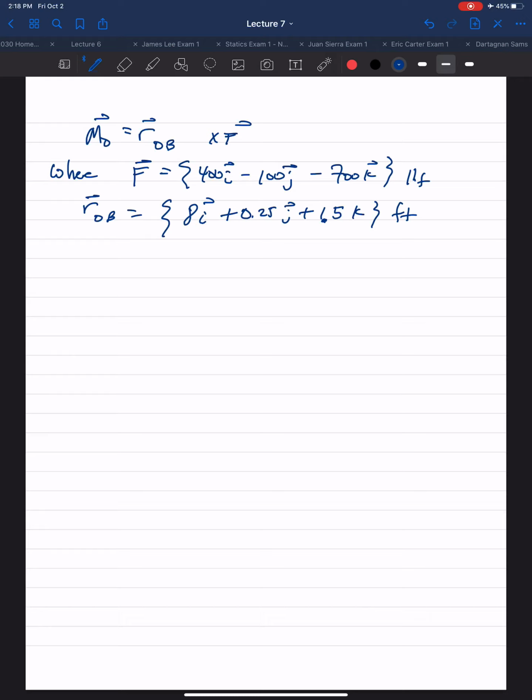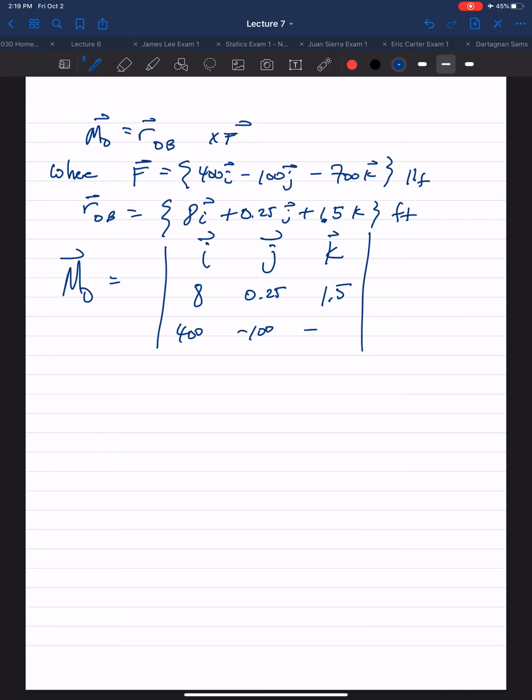And we worked earlier, in the previous lecture, using the determinant method. Remember matrices? Now for the position vector r_OB, we have 8, 0.25, and 1.5. And for the force F, we have 400, minus 100, minus 700.